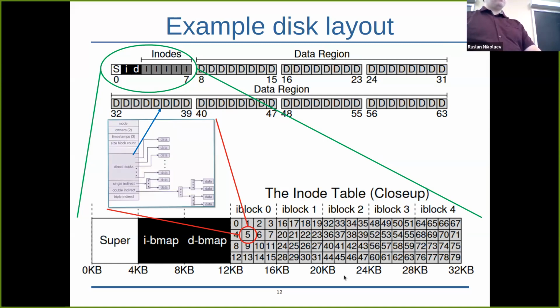That's going to be block 36, I guess, in this picture, then 37, and so on. Then let's say the third block will point to 32. Again, the region that it points to doesn't have to be contiguous, just like in a page table. You can have a contiguous range of file offsets which map to non-contiguous disk blocks. It can be any order, just like pages.